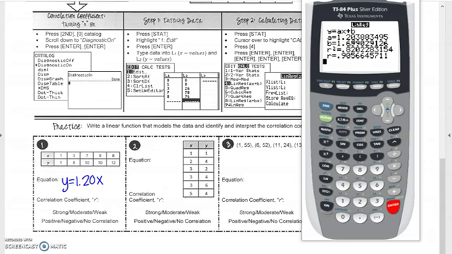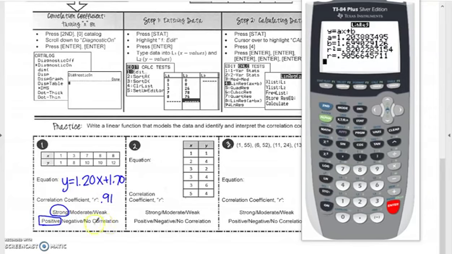It's positive, so plus 1.70. That's my equation. And then my correlation coefficient, 0.9, and this 5 is going to make it round up, so 0.91. That's positive, because it's a positive number. And it would also be strong. Positive and strong. Perfect.